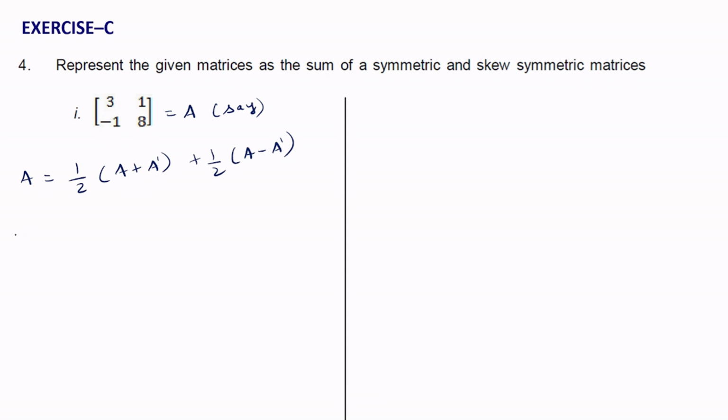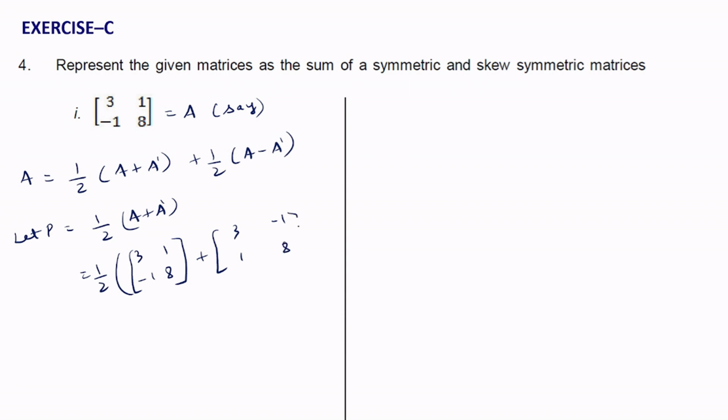So we have, let P equal to half of (A plus A transpose). So it is half of A, which is [3, 1; -1, 8], plus A transpose, where the first row becomes the first column and the second row becomes the second column.